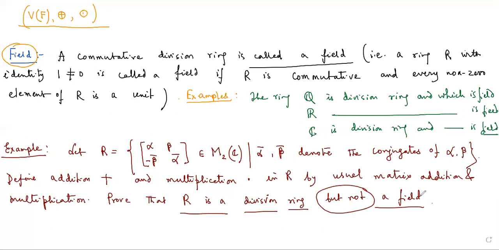So in the next page, we are going to prove this result. We are going to show that this set R, where matrix addition and matrix multiplication have been considered, is a division ring, but not a field. So let us try to prove this result.